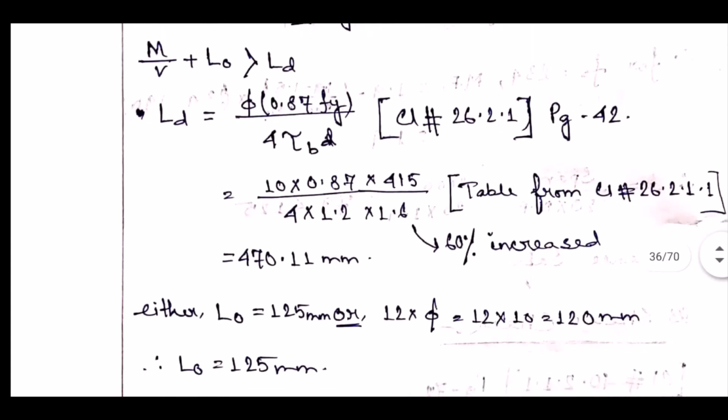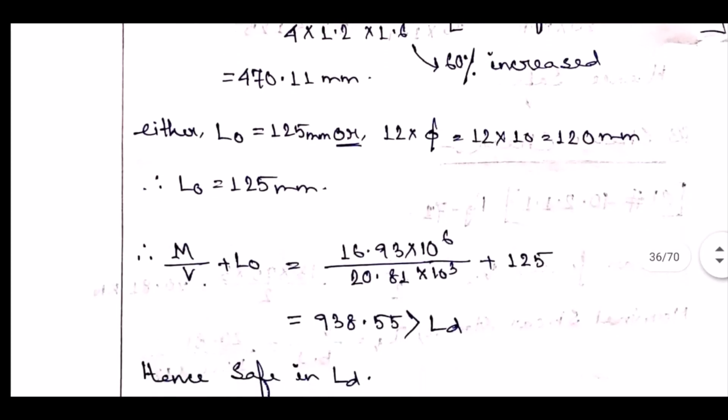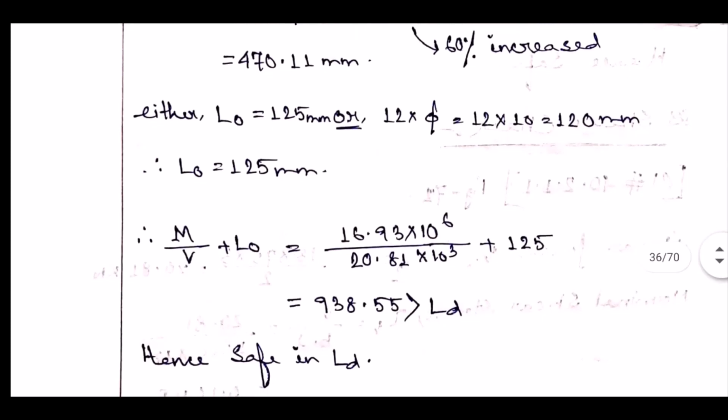So L0 is 125 mm. So M1 by V plus L0 is equal to 16.93 into 10 to the power 6 by 20.81 into 10 cube plus 125, that is equal to 938.55, which is greater than LD. That means this is safe in development length.